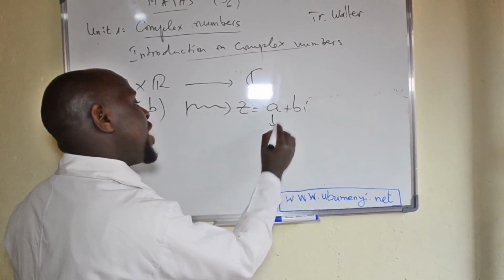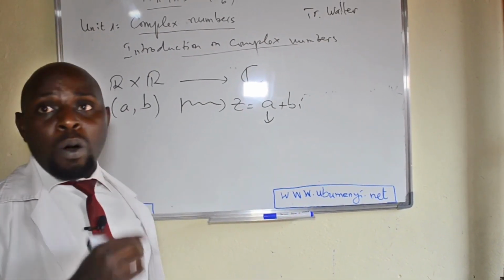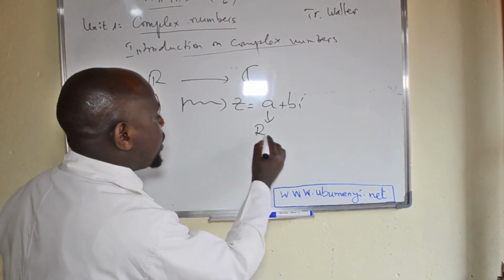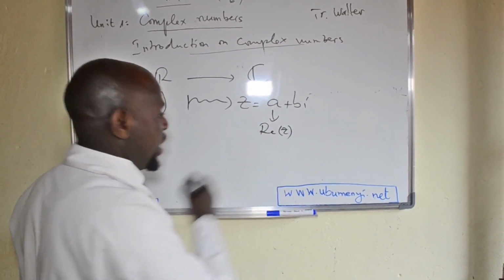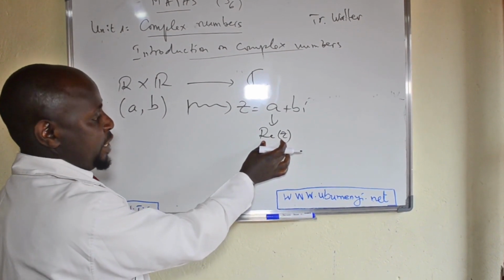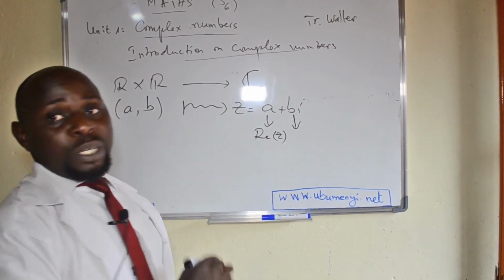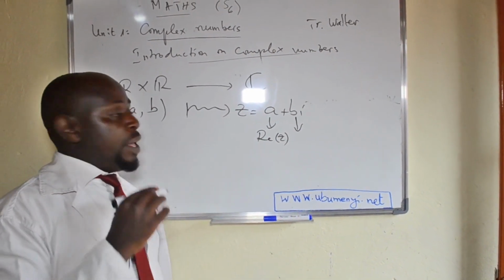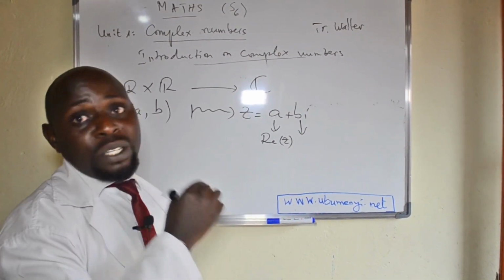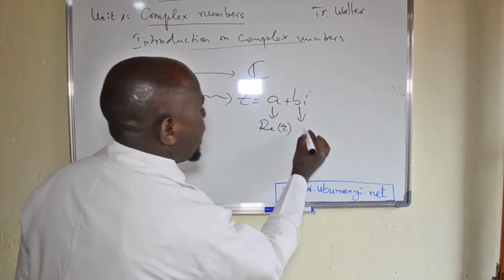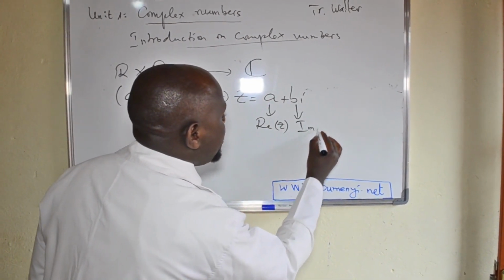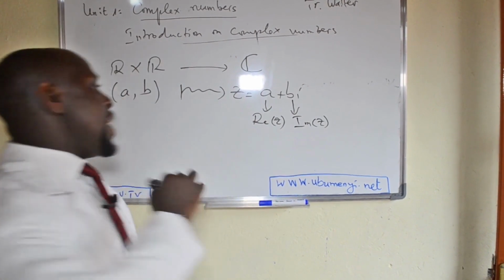This first part is called the real part of the complex number Z, and we normally write it this way. We also denote this part B, which is called the imaginary part of the complex number Z.